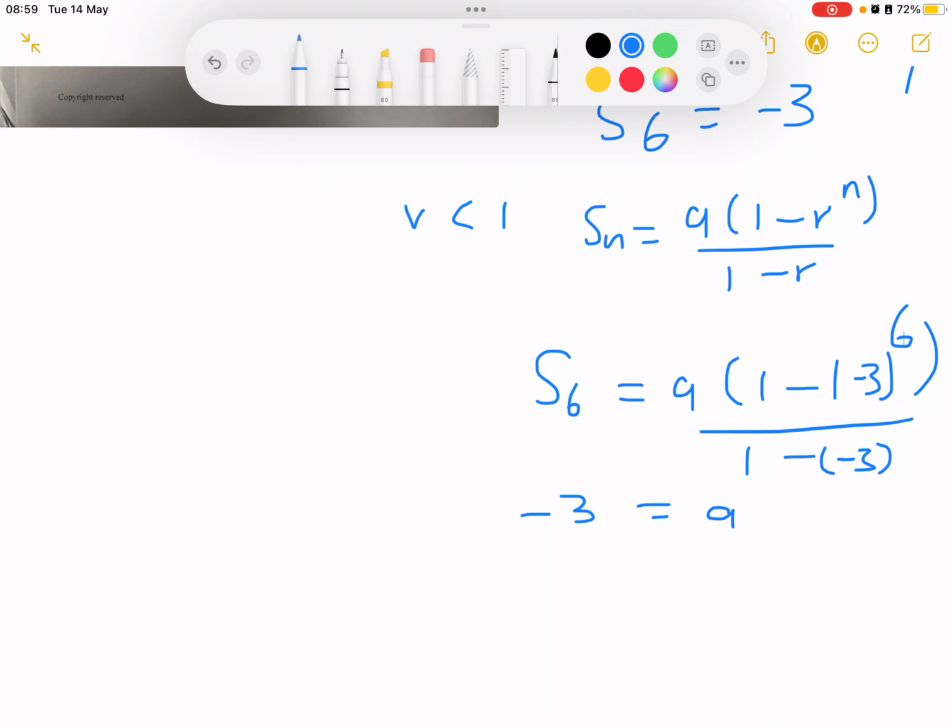Today I'm working from school. This sums up to a times negative 728 over positive 4. And therefore, a is equal to 3 over 182.